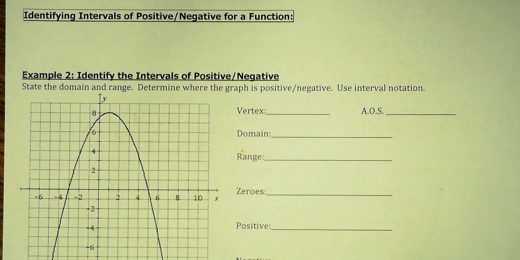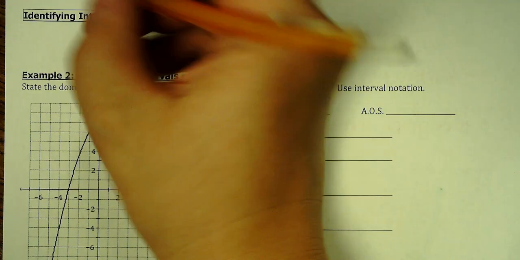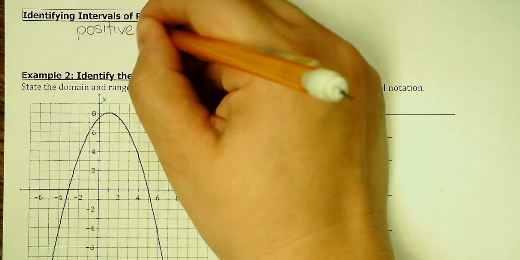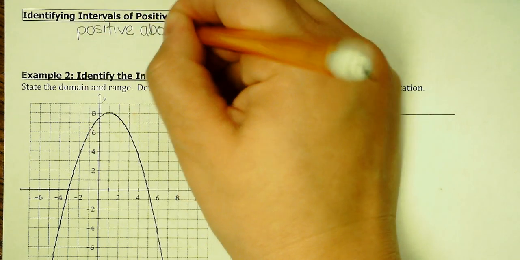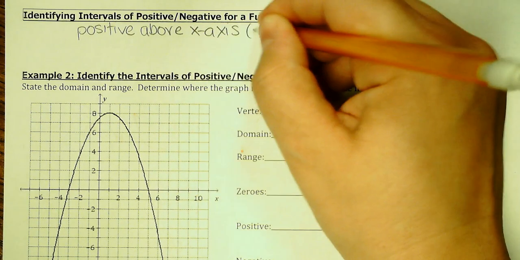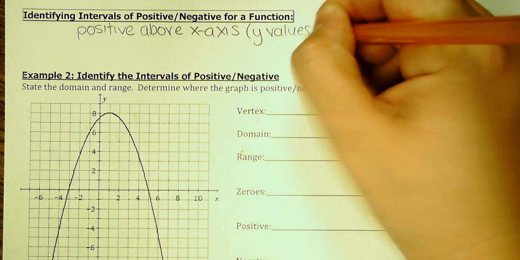Alright, now on the back here we're going to focus on where a graph is positive or negative. So, a graph is positive when the graph is above the x-axis. This means all the y values are positive.